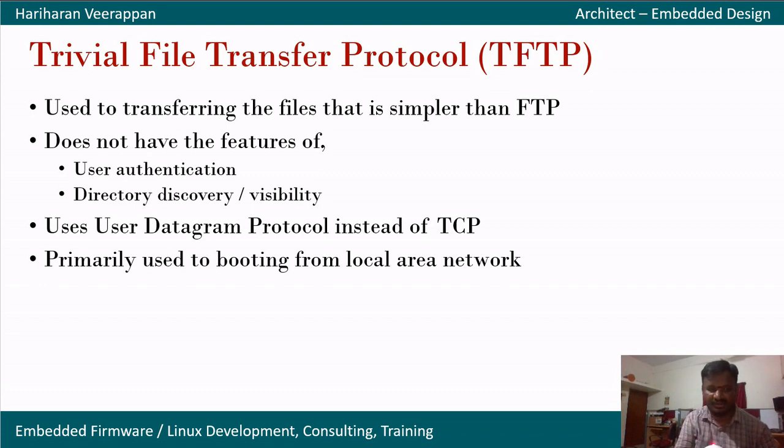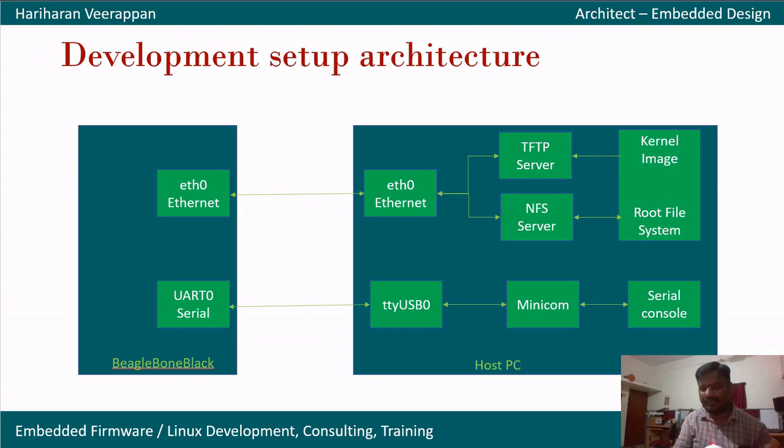And the development setup environment will be something like here. We have the USB to TTL cable connected to the serial port connector of the BeagleBone Black, and we are going to connect this to the development PC, where it will be enumerated as ttyUSB0.